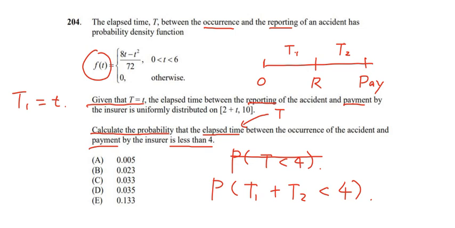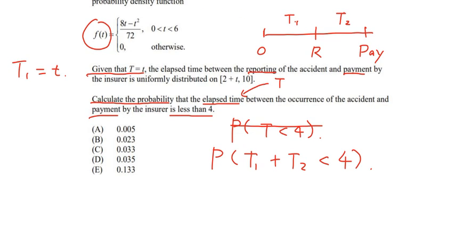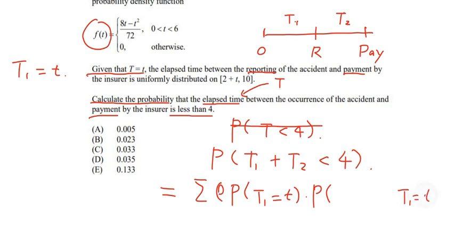So for this probability, we let T1 change, and we sum the probability that T1 equals t, then under this condition, T1 equals t, T2 plus T1 is less than 4.